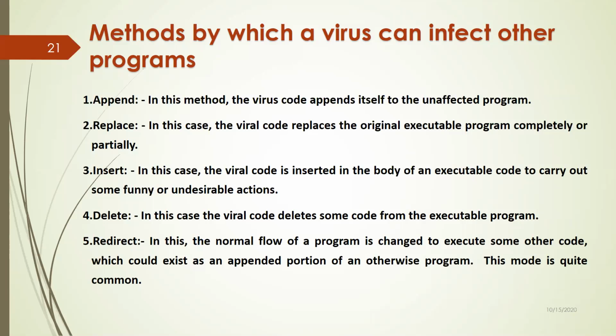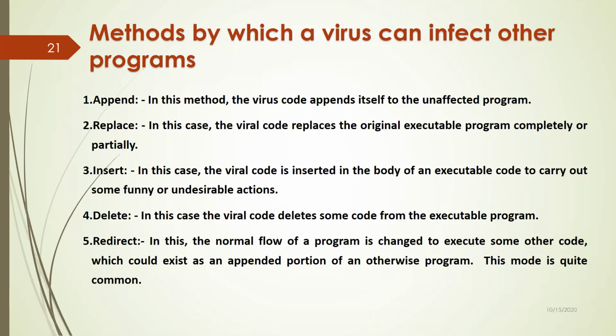One is what? By appending things to the existing file. In this way it will affect the program or the file, and replace. In this case the viral code will replace the original content with another content, or some content will get replaced.